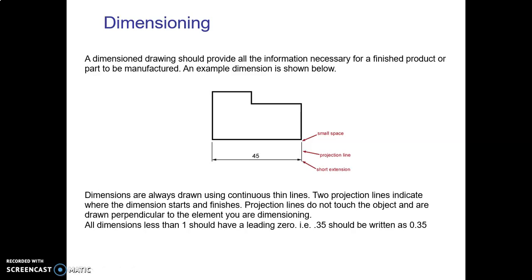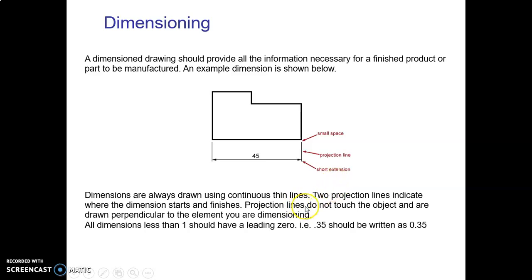Dimensions are always drawn using continuous thin line. If you look at the picture, the drawing's line is a bit thicker compared to the dimension line. Dia nipis sikit. Two projection lines indicate where the dimension starts and finishes. So ada dua line, start and finish.